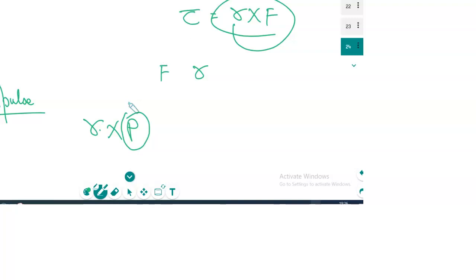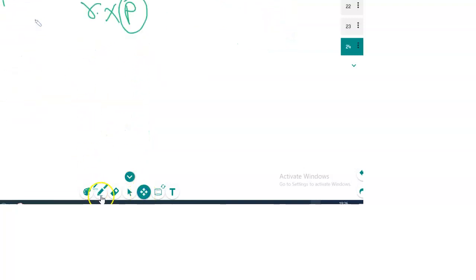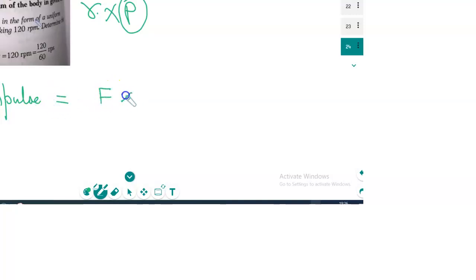Basically, impulse is nothing but force times time. Angular momentum will be what? The impulse you have studied is equal to force into time, correct?